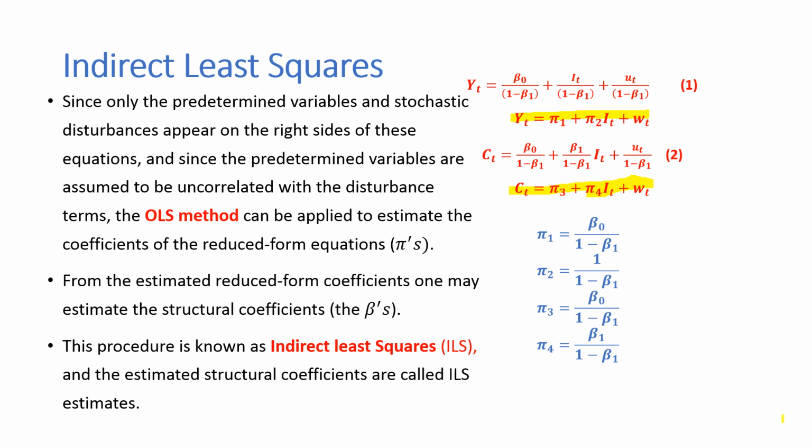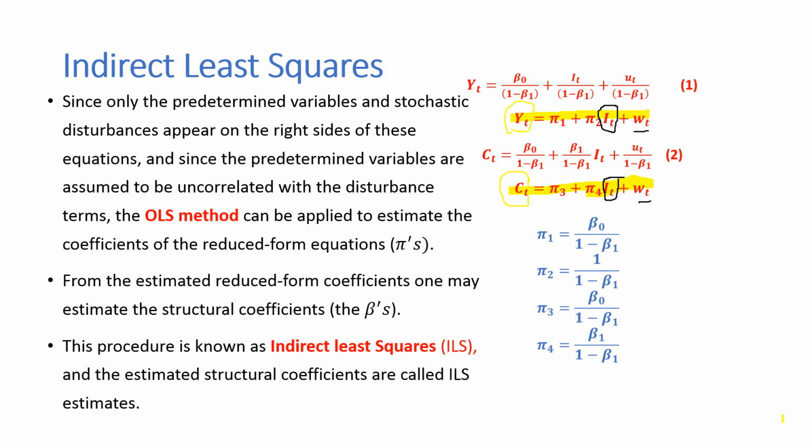Why? Because the endogenous variables y and c are represented in terms of the exogenous variable I and the disturbances only. There are no endogenous variables represented as explanatory variables.